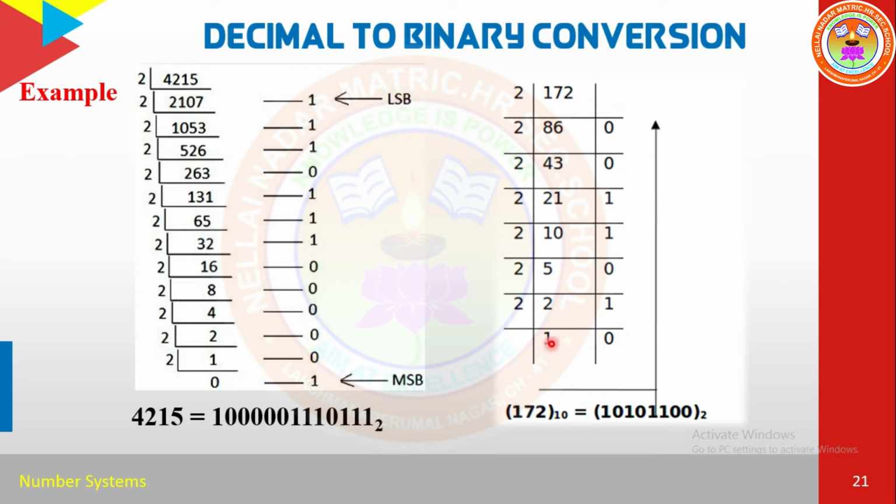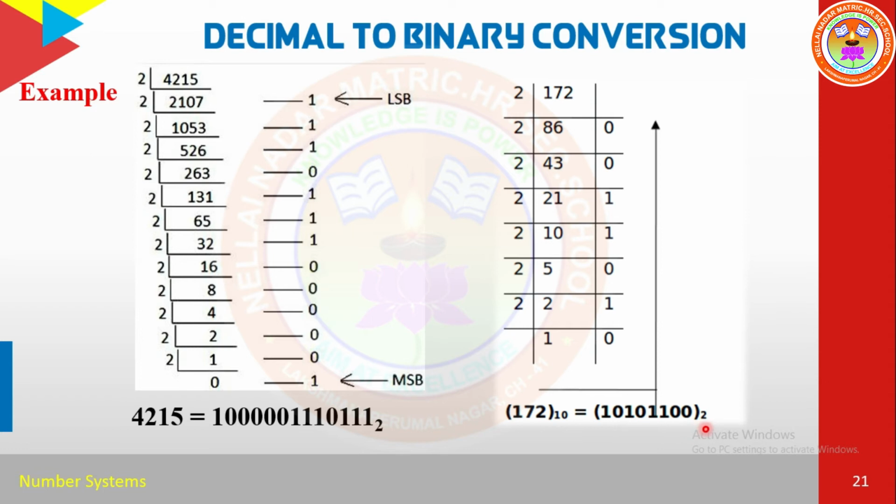So write 1 0 1 0 1 1 0 0. That is the answer of this decimal to binary conversion example. You just write it like that: 1 0 1 0 1 1 0 0 base 2. We put the base value 2 because we have converted a decimal number to binary. So the final answer is a binary number.